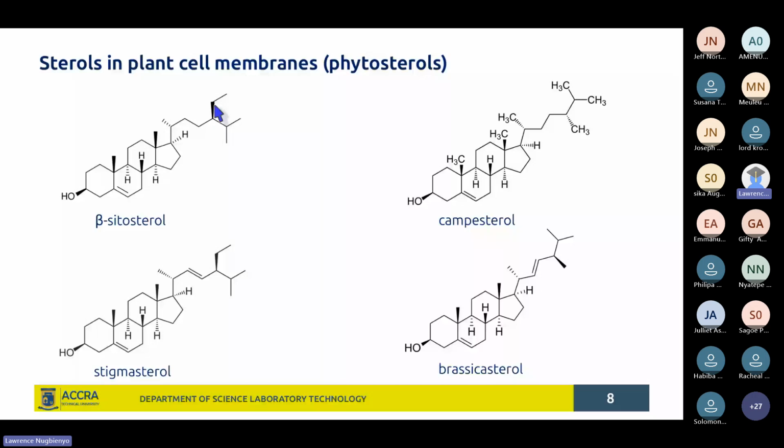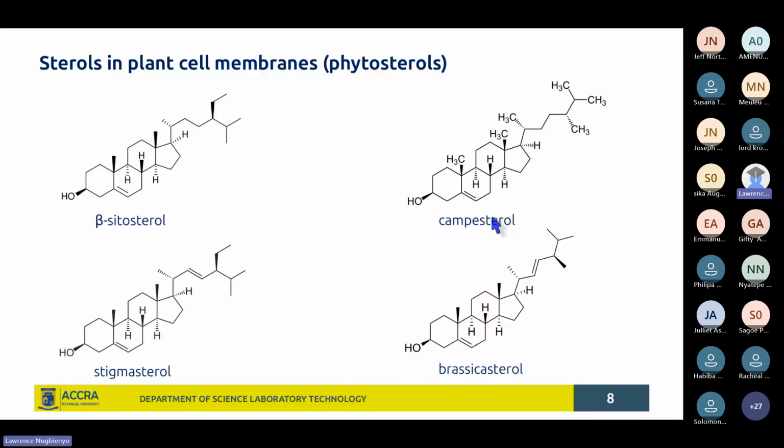Even if you take a look at, say, beta sitosterol and compare it to the one below it, stigmasterol, quickly you can see stigmasterol has 1 double bond here, which you don't see in the beta sitosterol. So that's a difference. And even if you come to look at campesterol, it's also looking different.